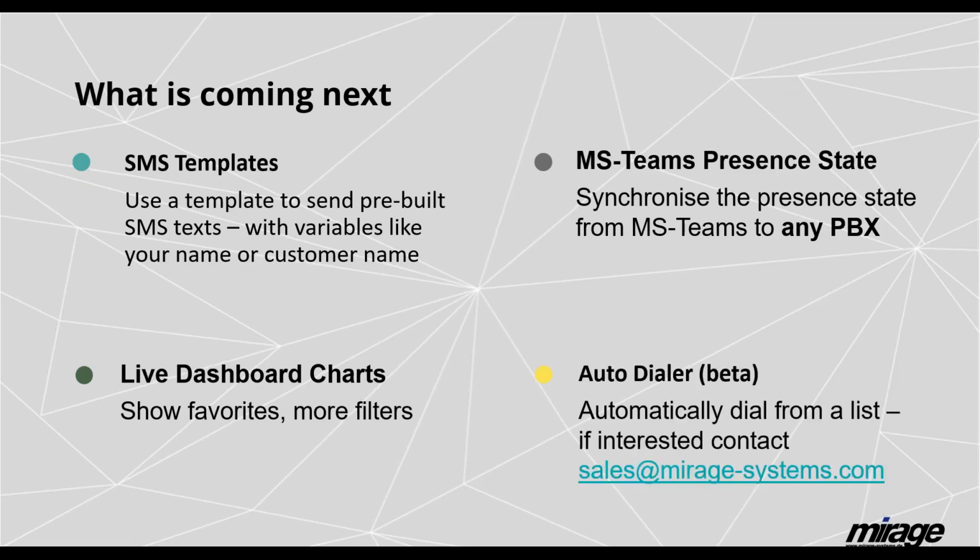And finally, one of the much-asked-for features which we're working on right now is the auto dialer, or power dialer as it's called, meaning list views in Salesforce can be called automatically, depending on settings that we have made with you in Salesforce.